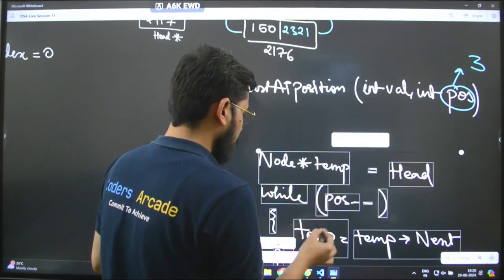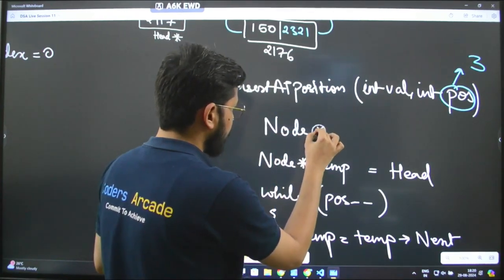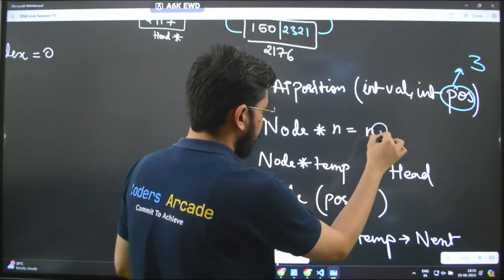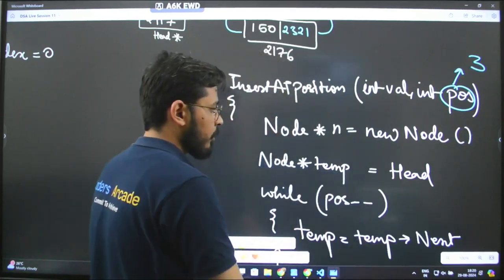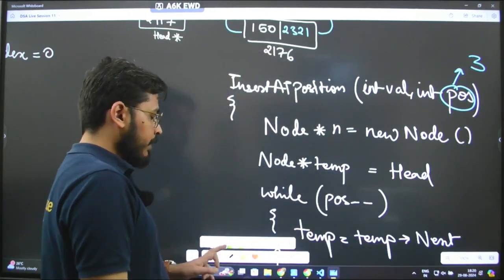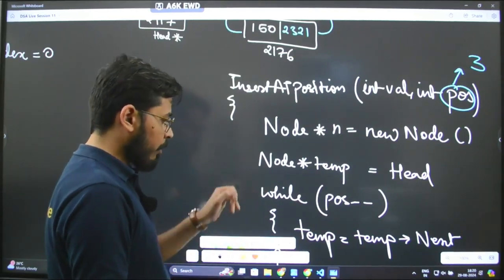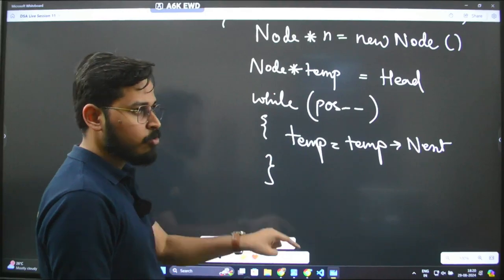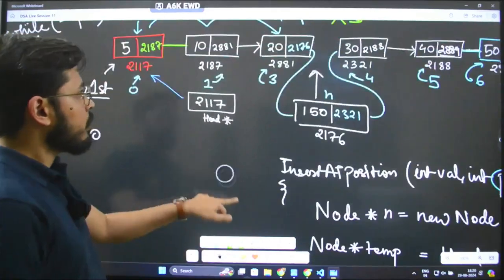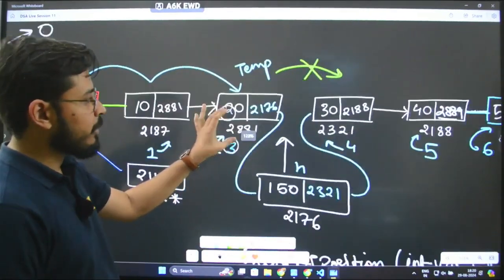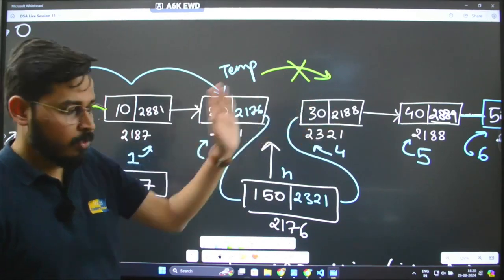So I said node star n is equal to new node. I have said this, okay. So you have already created the node, and then you have created the temporary node, and you moved to the particular position, and now temp has access to temp of next. If you zoom in here and see, temp of next is pointing towards that right now, okay.